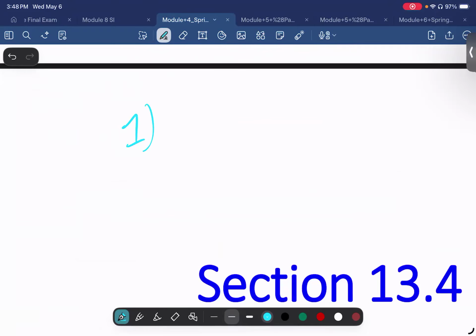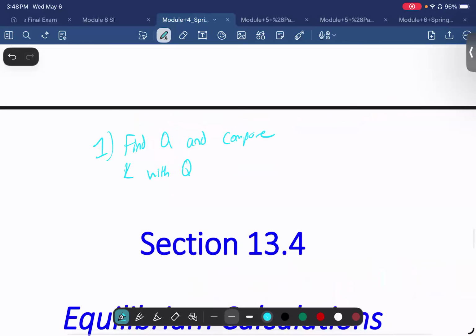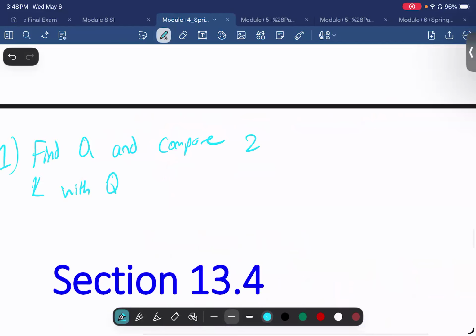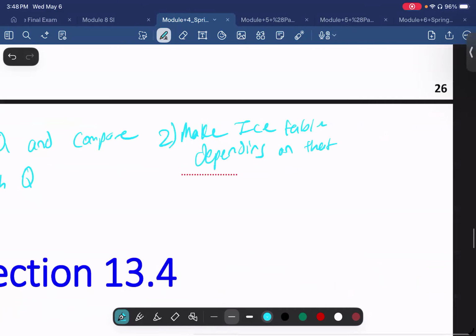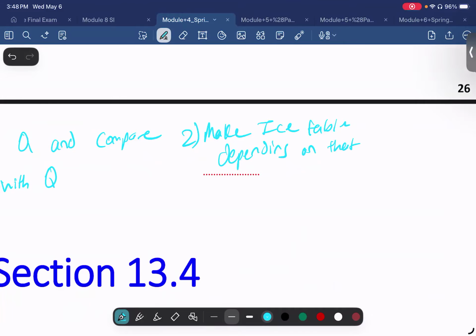First, find Q and compare K with Q. And then that will dictate the ICE table, so make the ICE table depending on that. And then you solve using the calculator.